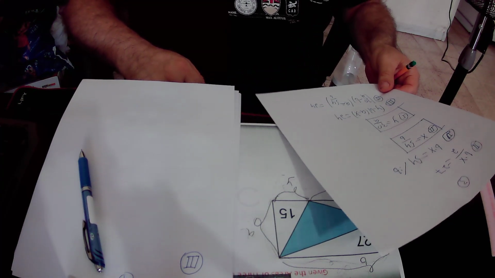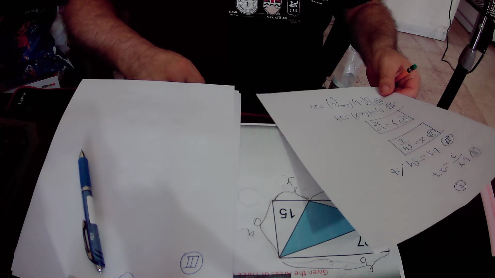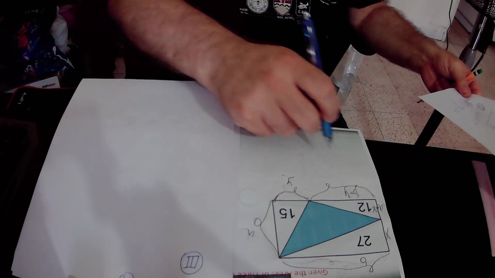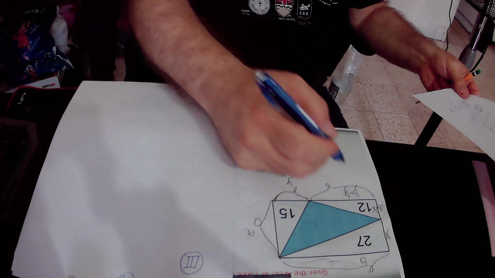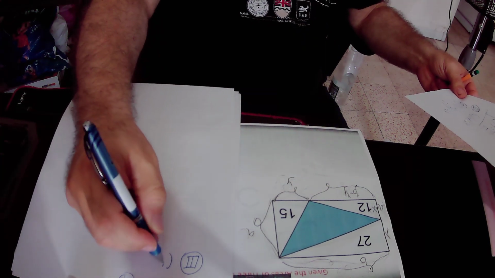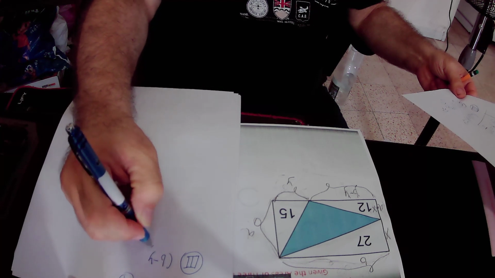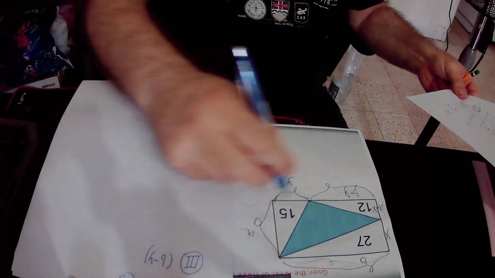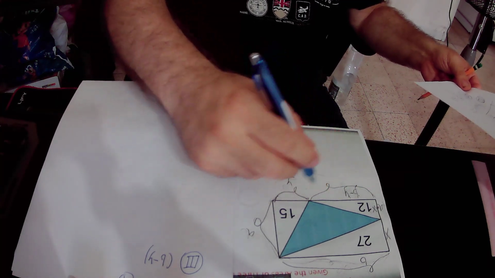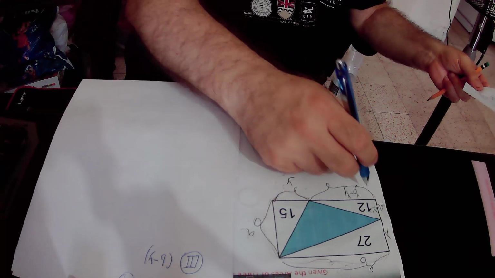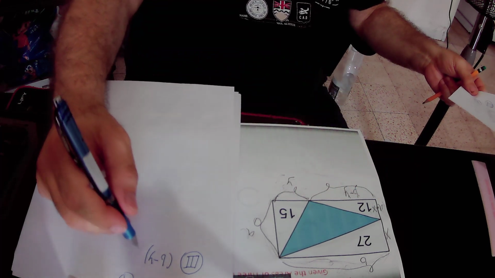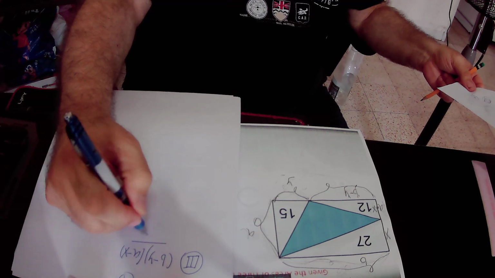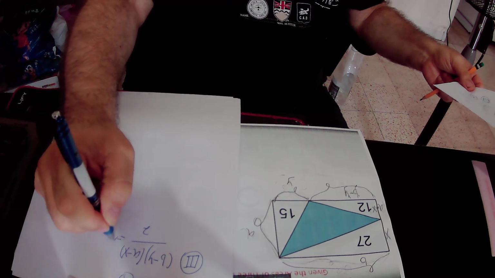So the third equation is actually the base of the triangle, that is b minus y, times the height of the triangle, that is a minus x, all divided by 2, and it is equal to 12 units.